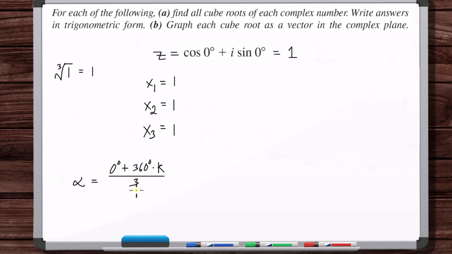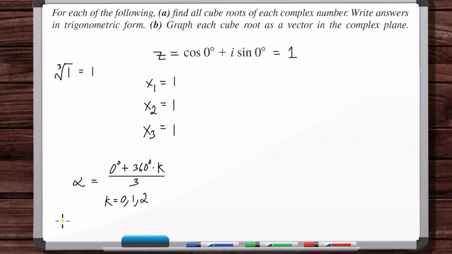In general, you divide by n. And then the 3 values are going to correspond to k equal to 0, 1, and 2. You put n k values, starting at 0 and counting up an integer from there. So in general, you'd go all the way to n minus 1. You can see we stopped at 2 here.